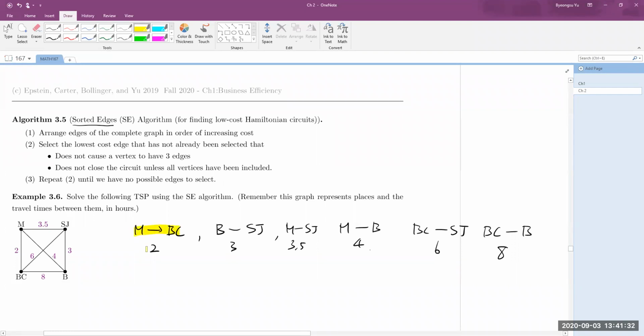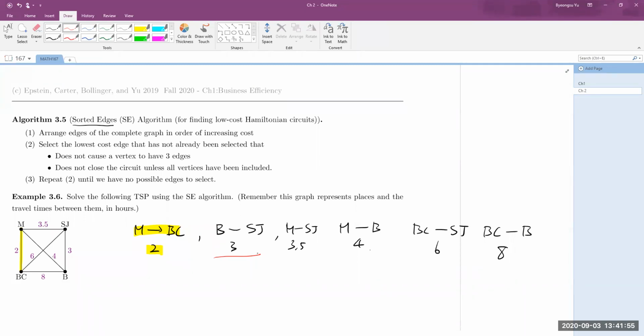So for example, in this case, we need to take this M to V edge. So we just take this edge first. And then just see the next lowest edge. So for example, in this case, we need to look at this edge from Barbados to San Juan, which is 3, right?